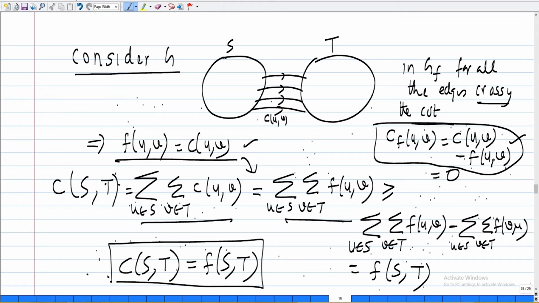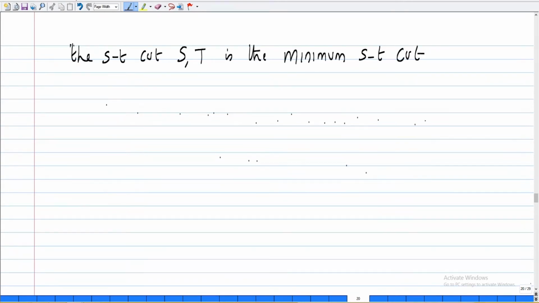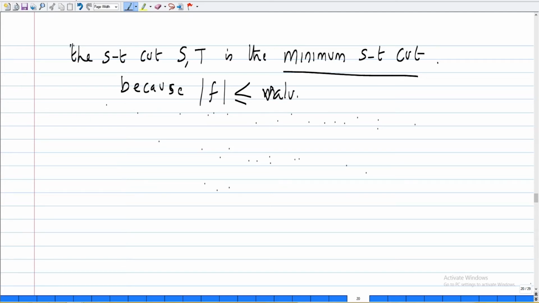Fine. So the final claim: there can't be a smaller S, T cut.